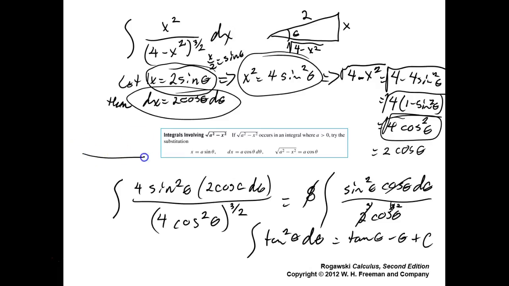Let's do an angle here, just like we did. This is an angle. We're going to call this the opposite side, the adjacent side, and the hypotenuse, okay? Now, sine theta is equal to opposite over hypotenuse. Cosine theta is equal to adjacent over hypotenuse. And tangent theta is equal to what?